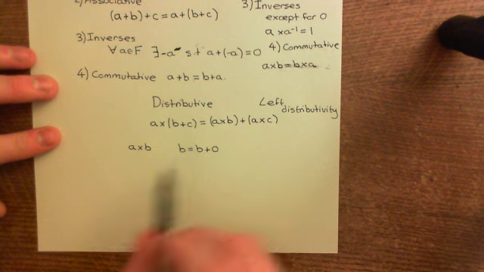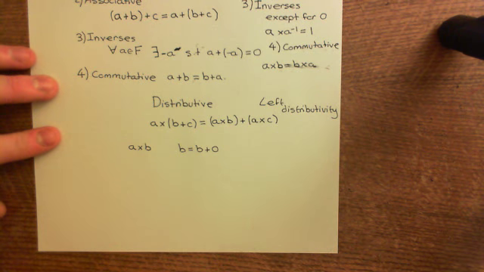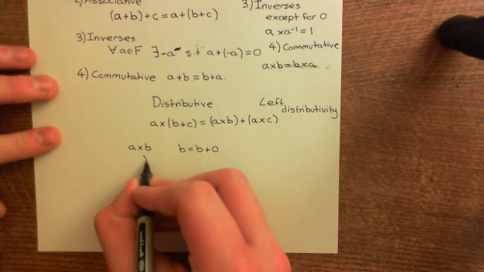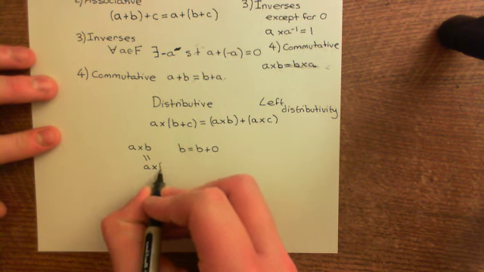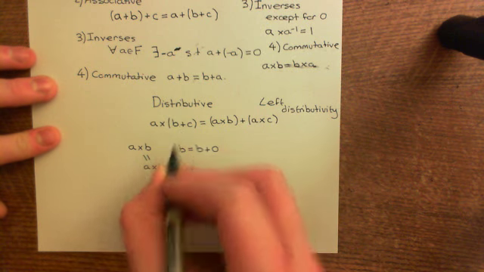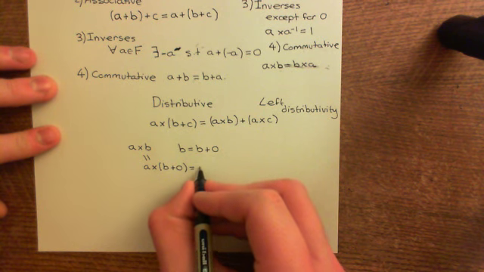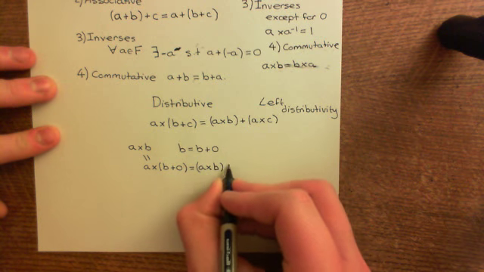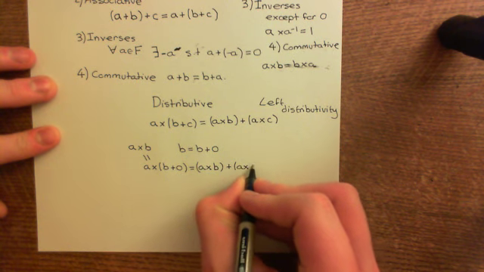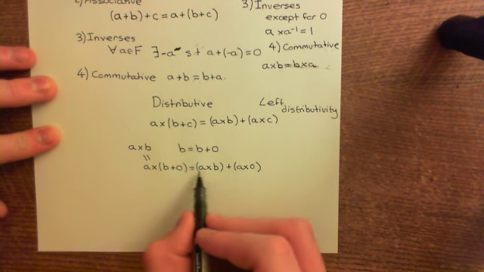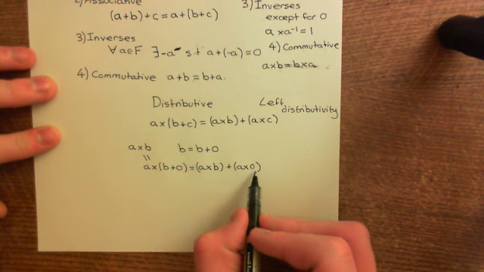So if you compose B under addition with the additive identity, you're going to get back B. Okay, so we can substitute that in here. So A times B is therefore equal to A times B plus 0. Okay, but then we can apply left distributivity here, and we get that this is A times B plus A times 0. Okay, so now look at this. We've got A times B is equal to A times B plus A times 0.